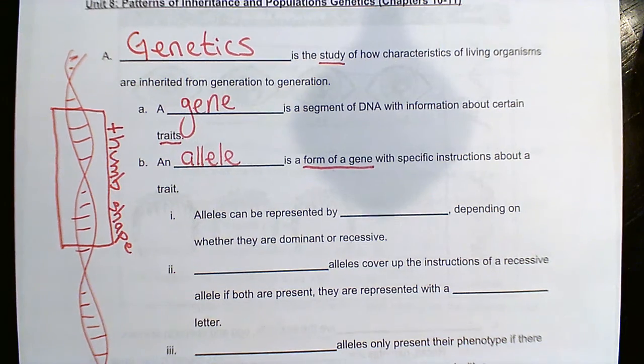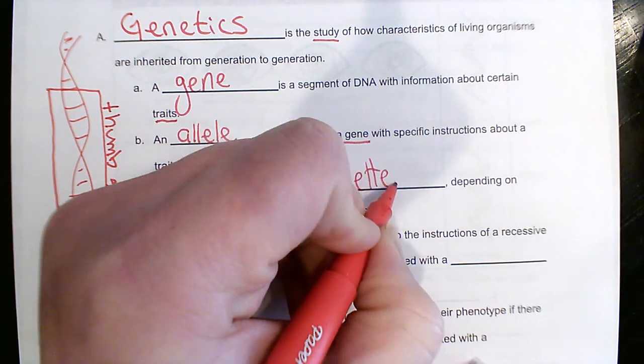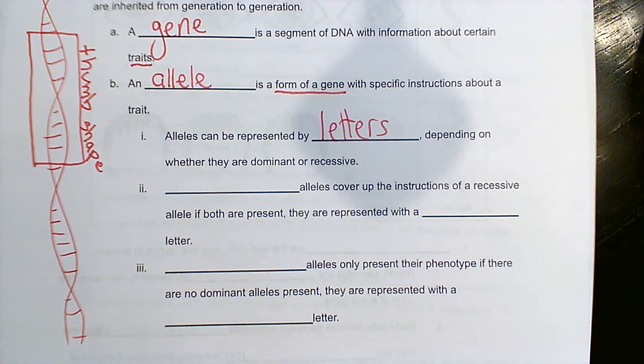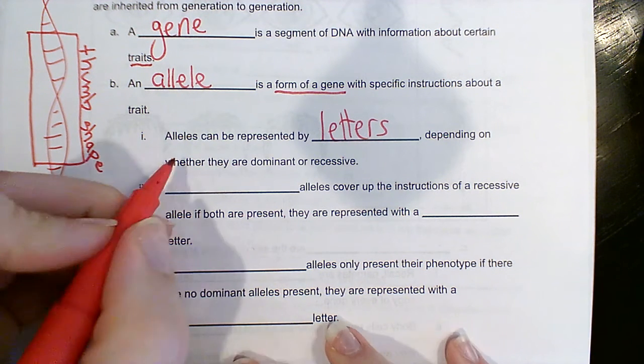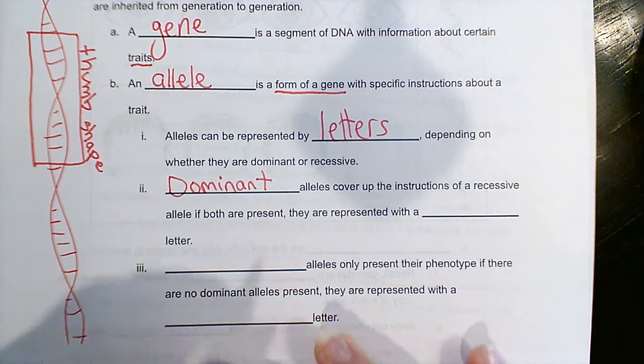Okay, so alleles can be represented by letters, depending on whether they are dominant or recessive. I'm going to count that you maybe understand this concept a little bit, but if we're talking about a dominant allele, just like a dominant person, if you've got a really dominant person in the room, you notice them, right?